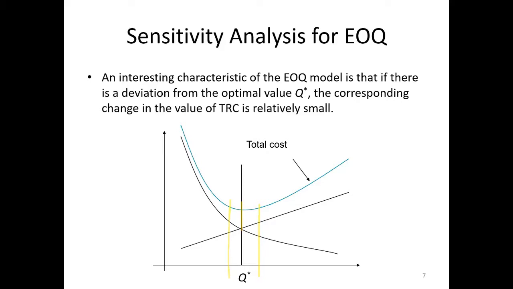This means the model itself is not that sensitive to changes in the value of Q star that you might wish to consider as a solution to your problem. So this is a very important characteristic that we will benefit from later in this lecture.